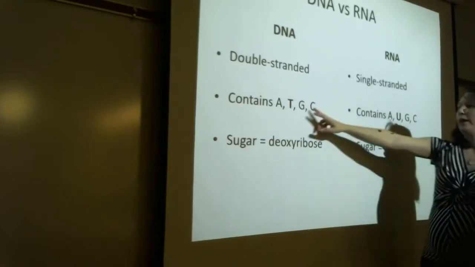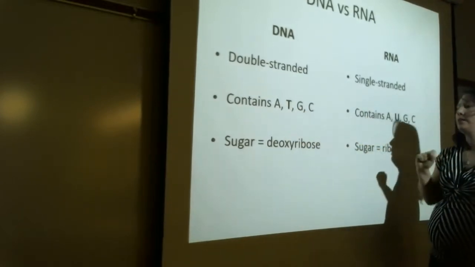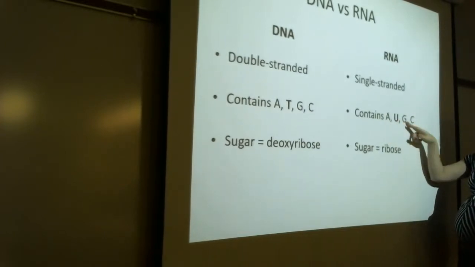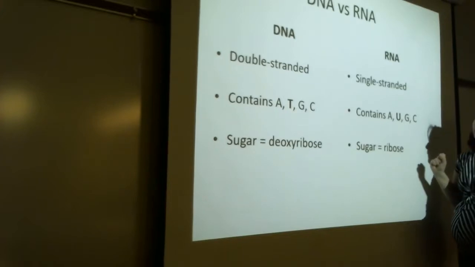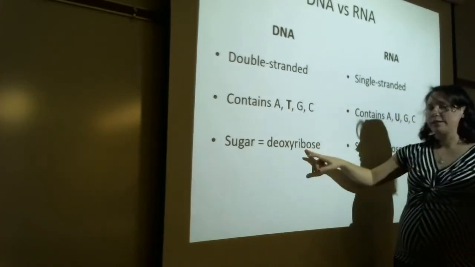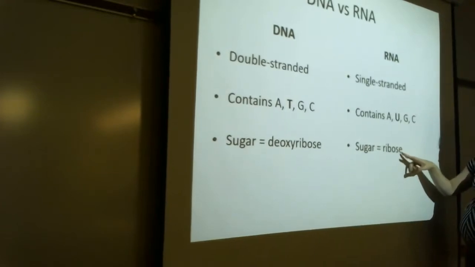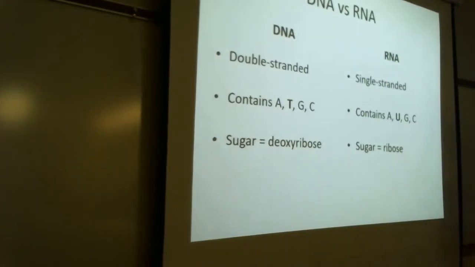DNA is composed of A, T, G, and C, whereas RNA is composed of A, U, G, and C. Okay? In DNA, the sugar is deoxyribose, and in RNA, the sugar is ribose. So these are some of the major differences between DNA and RNA that you need to be able to recite to me, right? You need to know that DNA is double-stranded. You know that RNA is single-stranded.